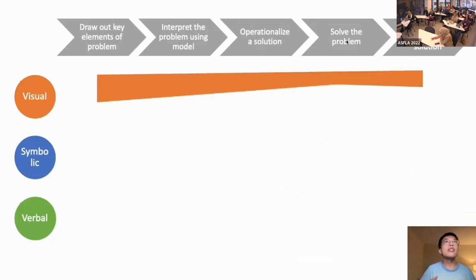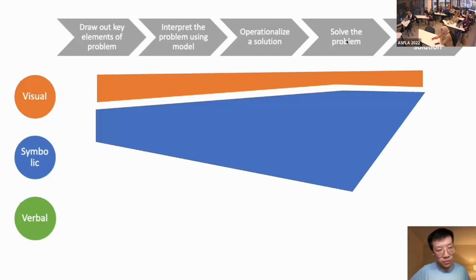Visual takes some portion at first, and when it gets to operationalizing the solution using equations and solving the problem, it gets smaller and smaller. But when we come to the checking and interpretation stage, where we want to interpret the concrete situation, the portion can be larger.